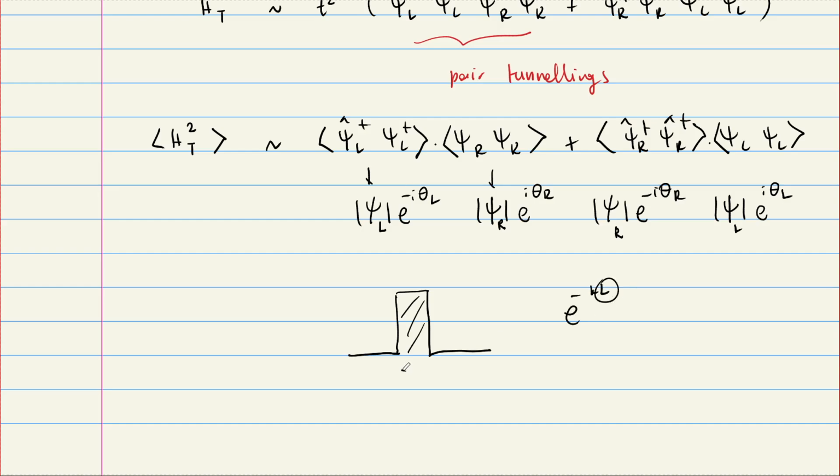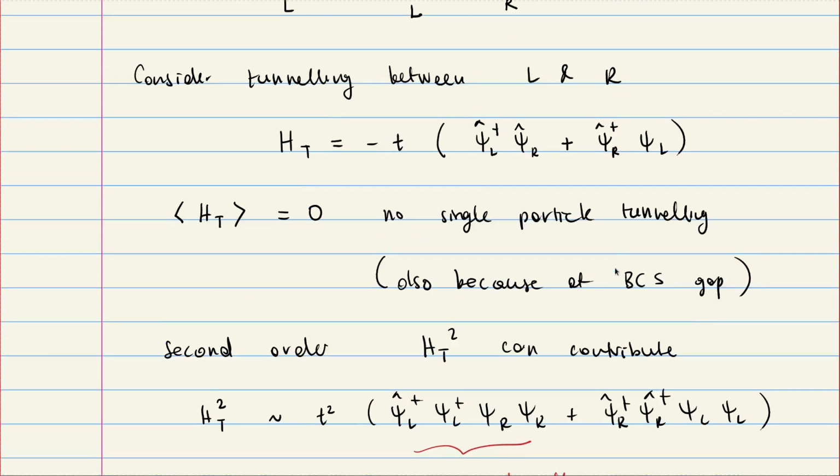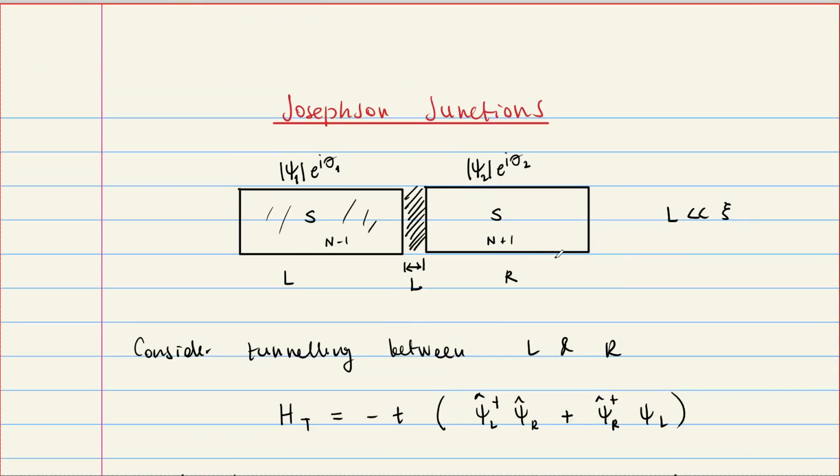The wider the barrier, the smaller the chance of tunneling. We separated these expectation values because of this barrier. I think it is not because of the barrier. I just assumed there are separate superconducting states on the left side and the right side.